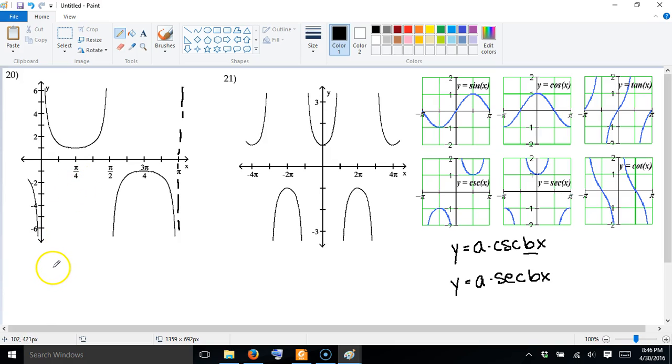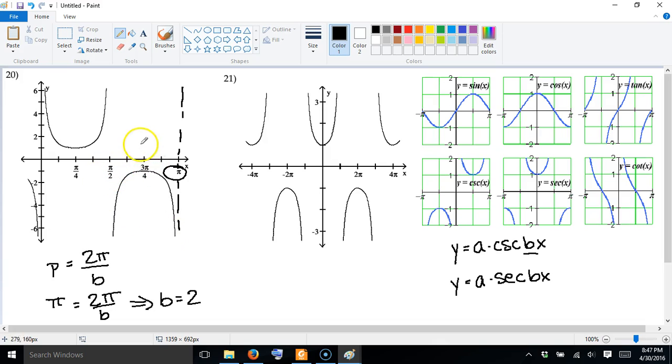Let's see. And remember, secant and cosecant functions are just like sine and cosine. Our period is equal to 2 pi over b. And our period for this function is pi. When we solve for b, we get b is equal to 2 pi over pi, which is just 2.